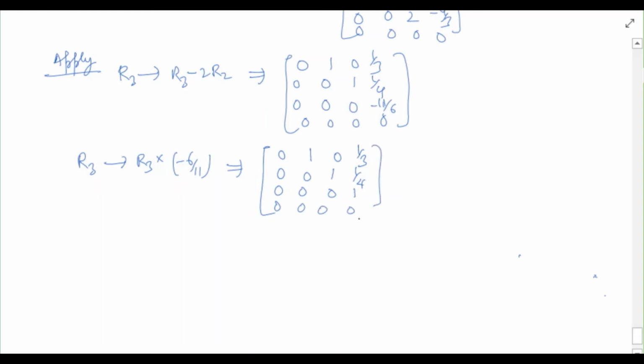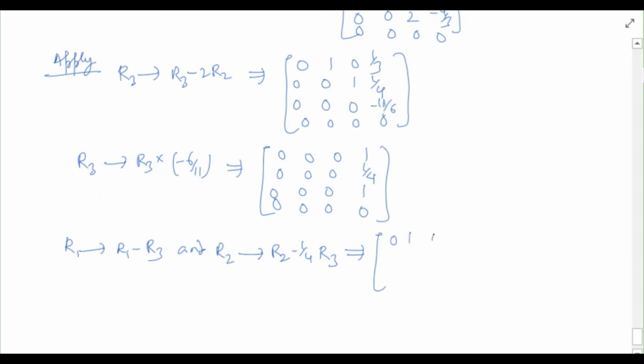Finally, we see that the fourth column, which is also now a pivot column, is not a standard unit vector. To fix this, we apply R1 to R1 minus 1 by 3 R3 and R2 to R2 minus 1 by 4 R3 to get 0, 1, 0, 0, 0, 0, 1, 0, 0, 0, 0, 1, 0, 0, 0, 0, and this is a reduced row echelon matrix.